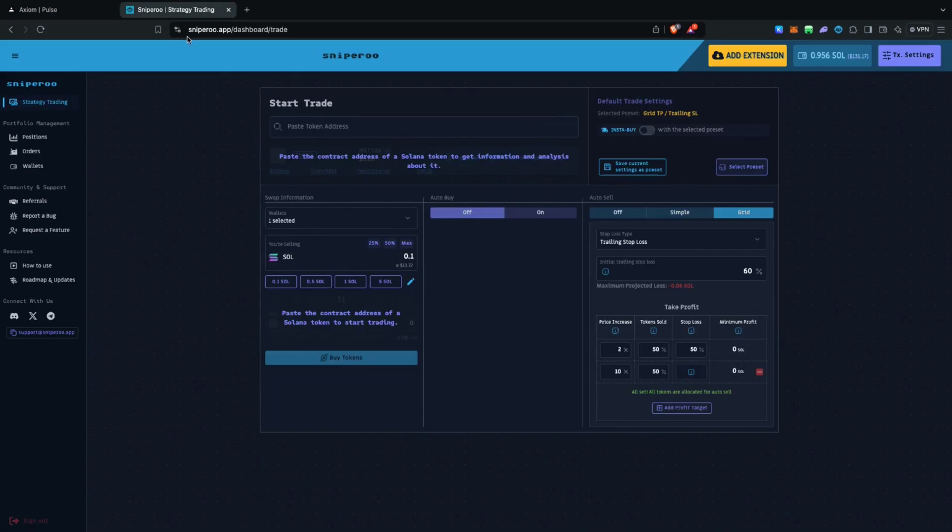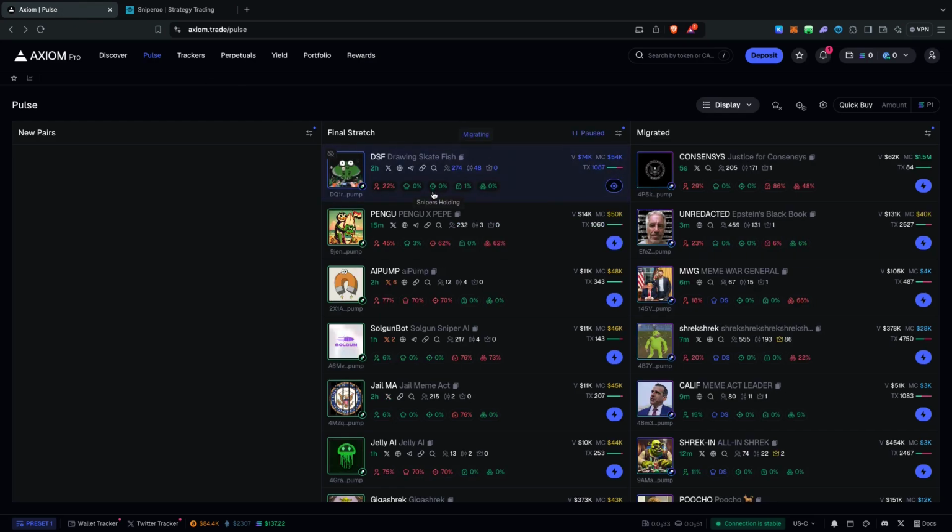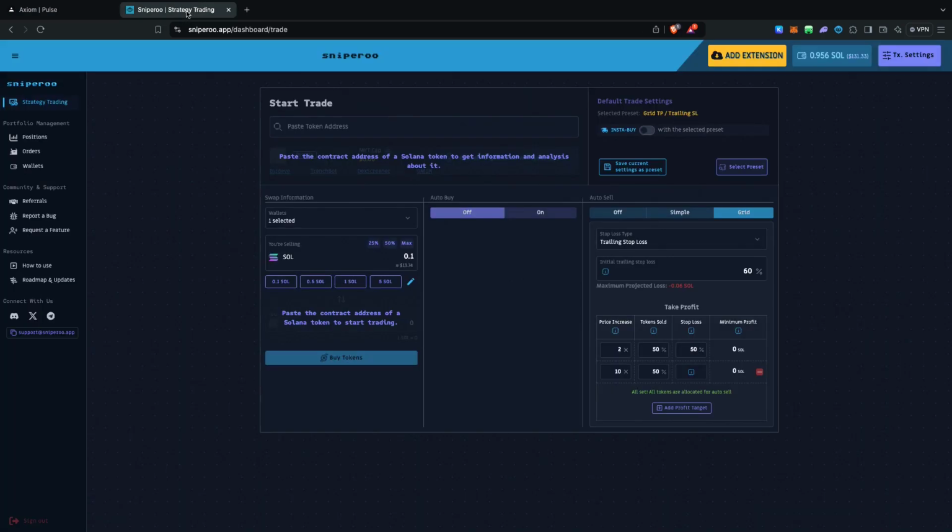So I introduced to you the Sniperoo trading bot. This is a bot which is also available on Axiom, and you can actually get better results when trading. So have a combination of Axiom plus a trading bot, which allows you to snipe and get in and out of trades at an extremely fast pace.